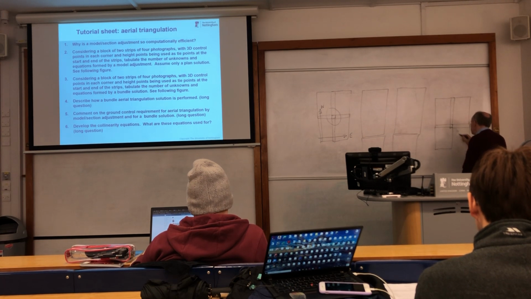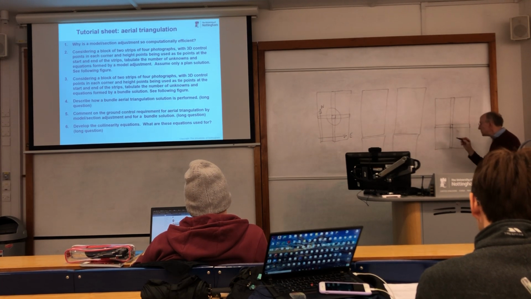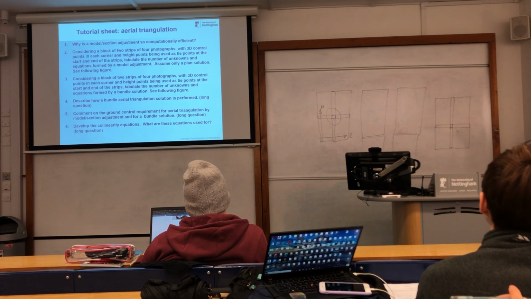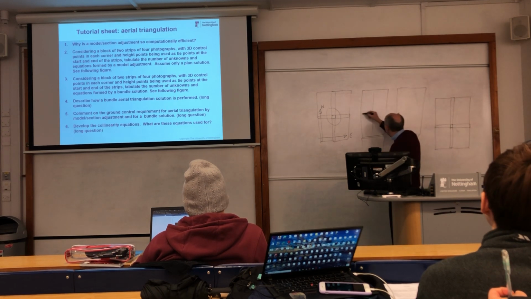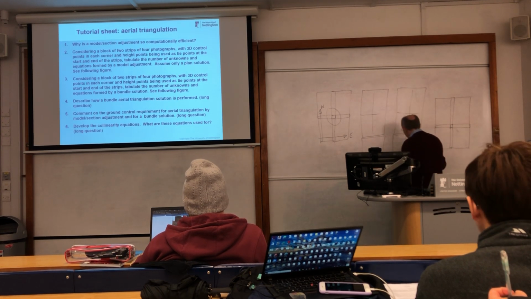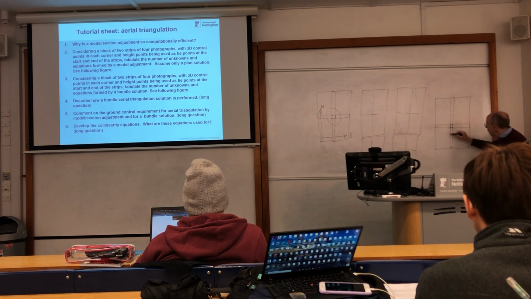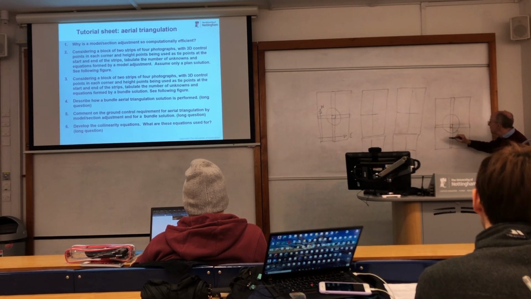Once again, drawing it a little bit smaller, we end up with 4 stereo models joined together. But this time they're not stereo models, they're what we call sections. And that's why the question says model or section adjustment. Now we've got 4 that we could join together again.